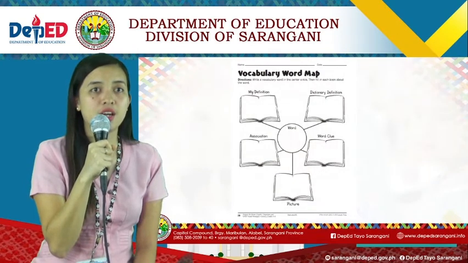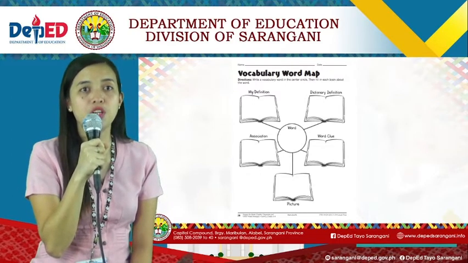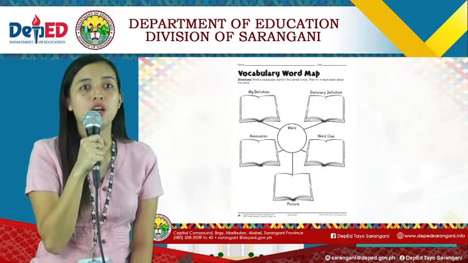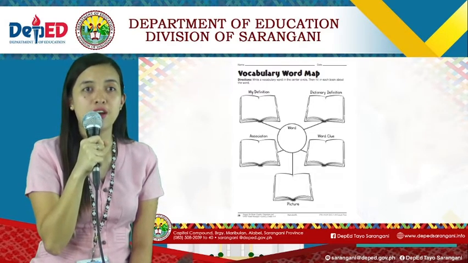And the last one is the vocabulary word map. Again, you can reproduce this one, you can print it, or even write it in their notebook and allow them to use this graphic organizer in organizing their ideas, concepts, and most importantly the words that they have discovered.